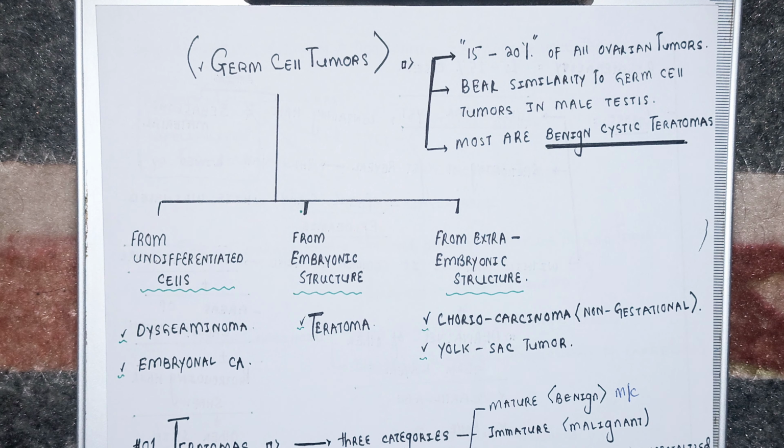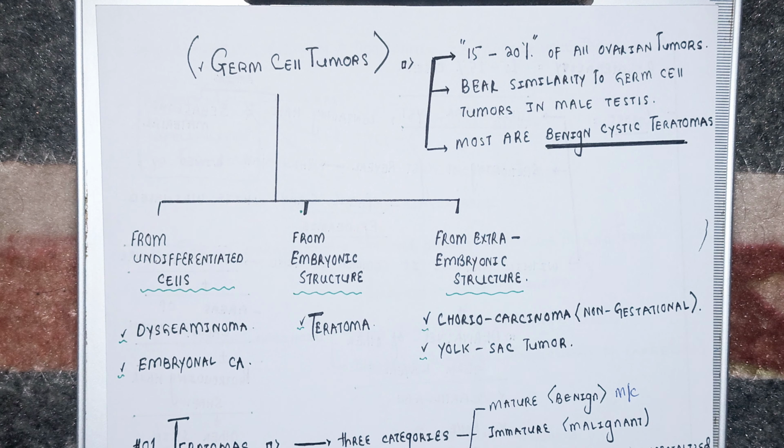So the mature benign teratoma, let me tell you, beta, is more cystic. This benign variety of teratoma is more cystic and is called a dermoid cyst. Why do we call it cystic? Because this benign teratoma is very much like a cystic structure, and this cyst is called the dermoid cyst. Why do we call it dermoid cyst?